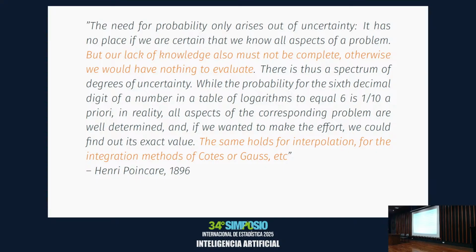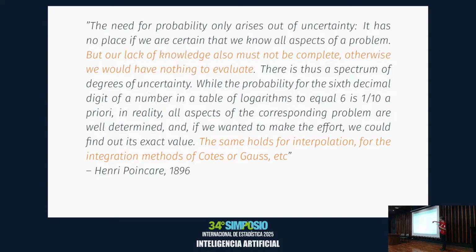I could do more and more computations, and eventually, possibly, I'll get to the truth. The same holds for interpolation and for the integration method of Cotes and Gauss, right? Poincaré, 1896.